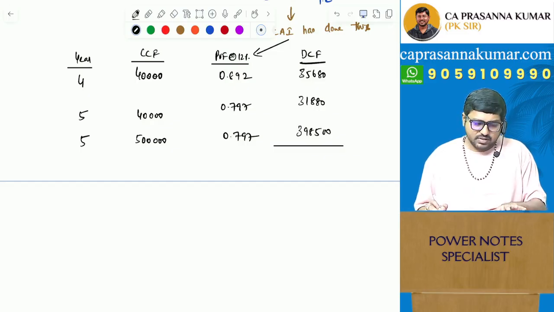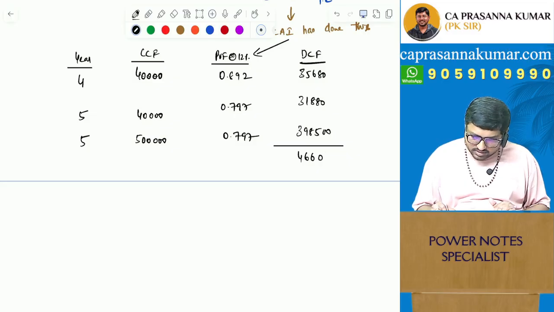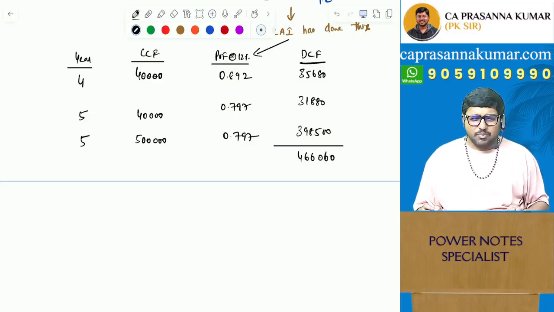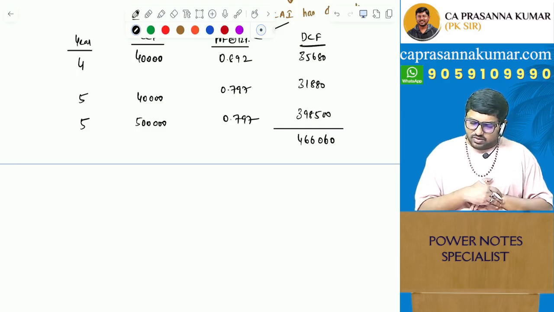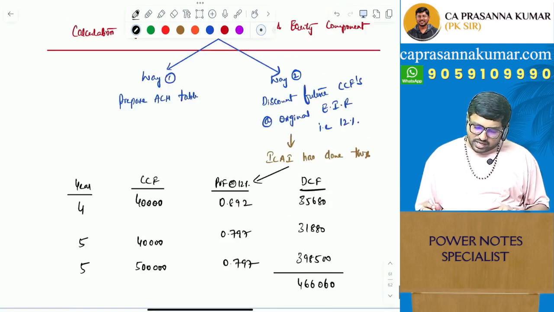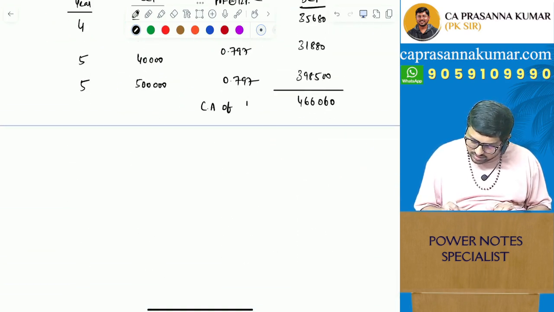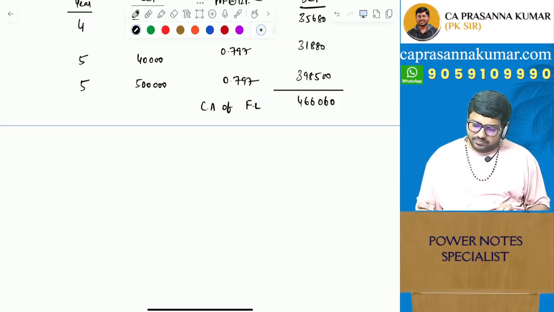Total: 3,98,500 plus 31,880 plus 35,680 is 4,66,060. Approximation will be there, don't worry about that. So 4,66,060 will be your carrying amount of financial liability.